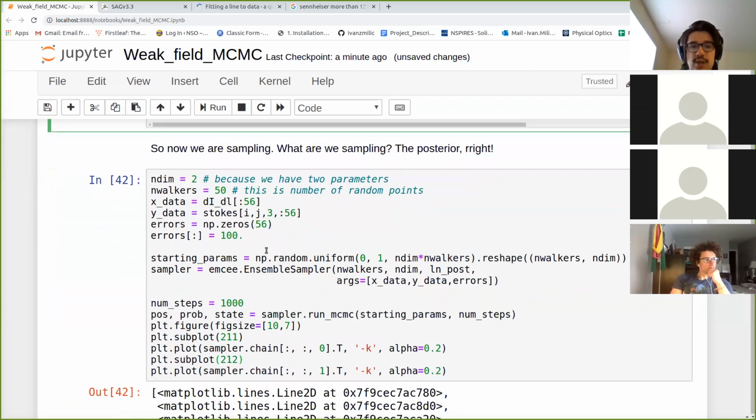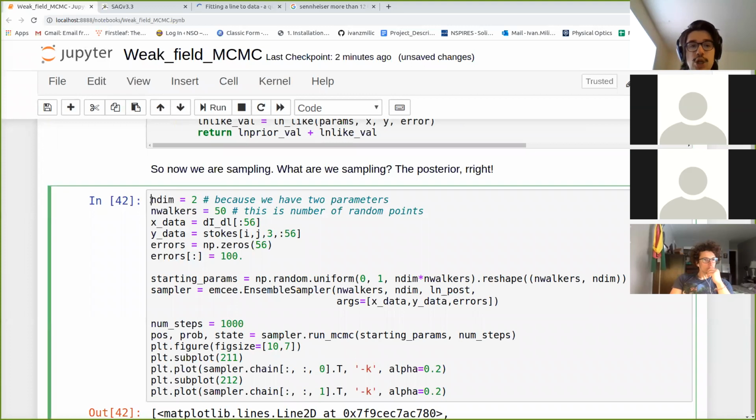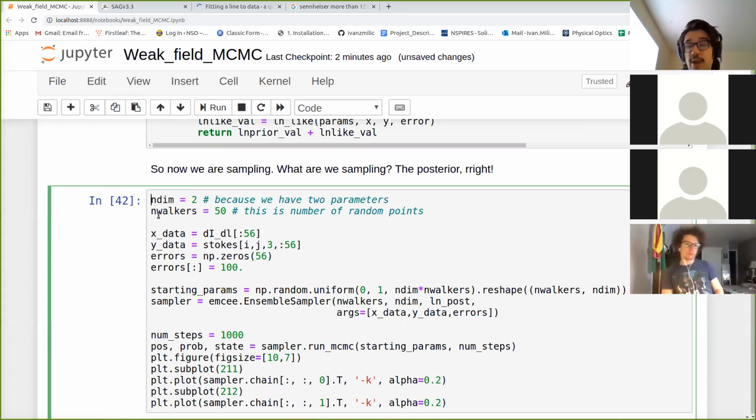And here is where the interesting thing comes. Basically, this package works in the following way. First, we define the number of dimensions, and in this case it is 2, because we have 2 parameters. So our walkers, as they are called, are going to walk through a two-dimensional space. This specific Markov Chain Monte Carlo method is a little bit more advanced.